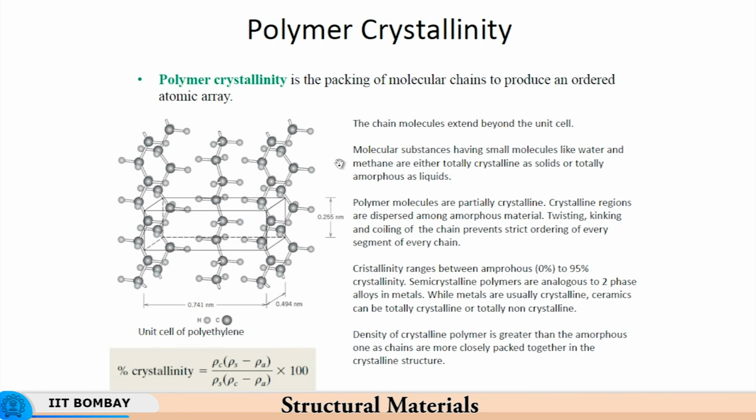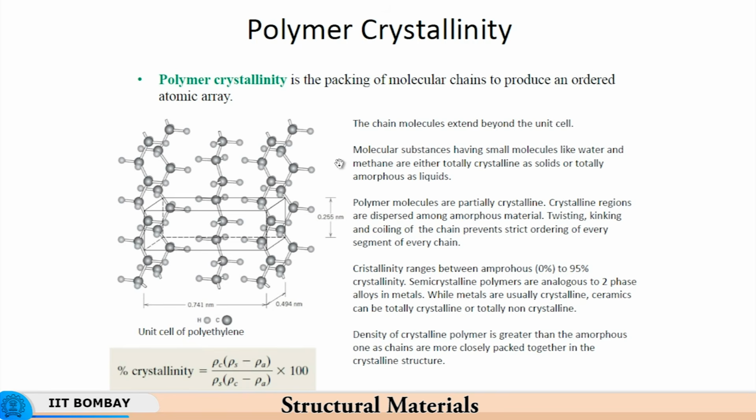0% to 95%. 0% is a purely amorphous polymer. 95% means there is 5% amorphous and 95% orderly arrangement of atoms. So you can never have a 100% crystalline polymer. It is always less than 100%, leaving out 5% for other phenomena like kinking, twisting, and several other configurations of the chain that prevent the orderly arrangement of atoms.